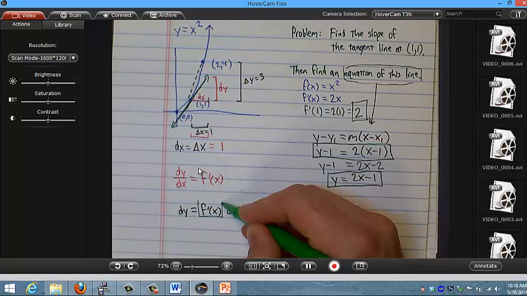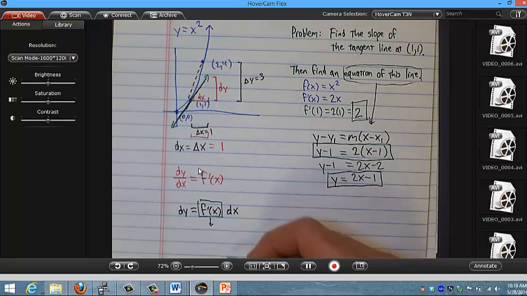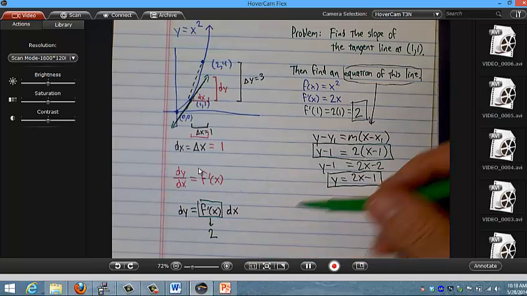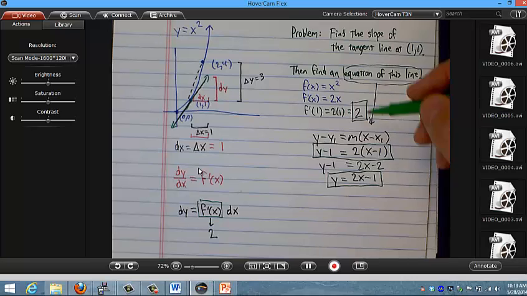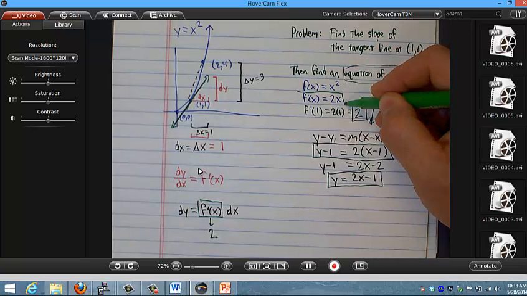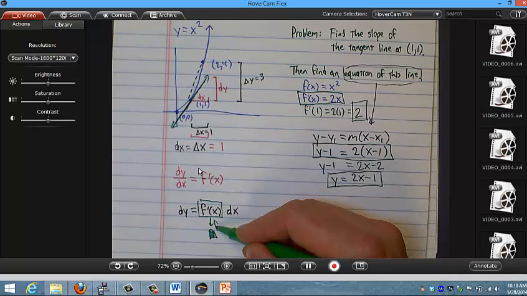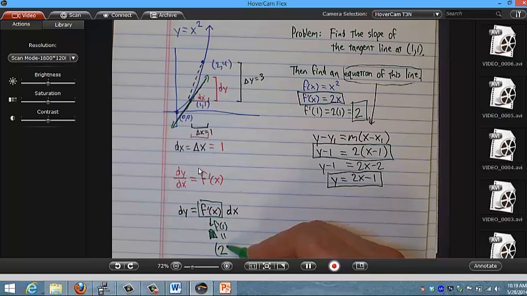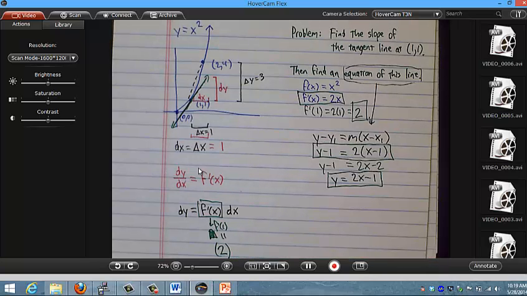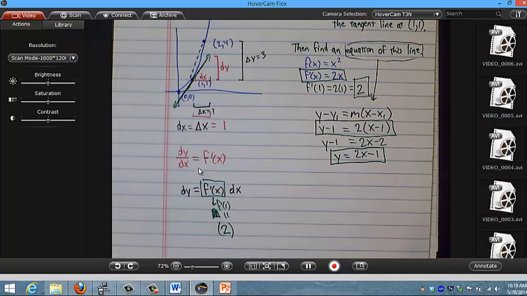Do you remember what this was? 2, right? Well, you're right. F prime of x was 2x. So what I really mean is that f prime of 1 equals 2.